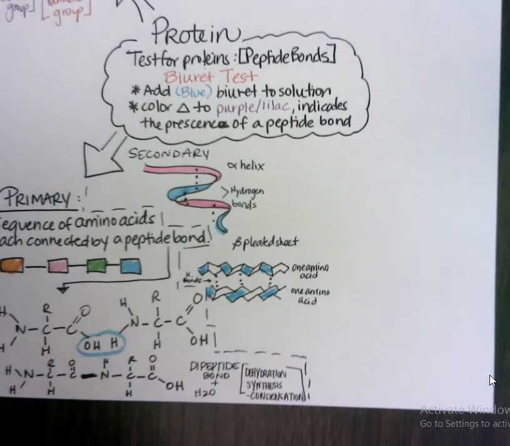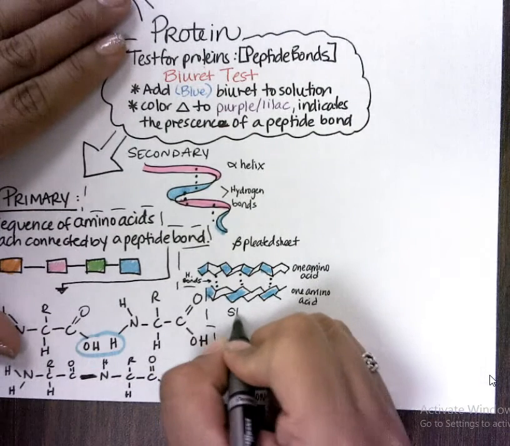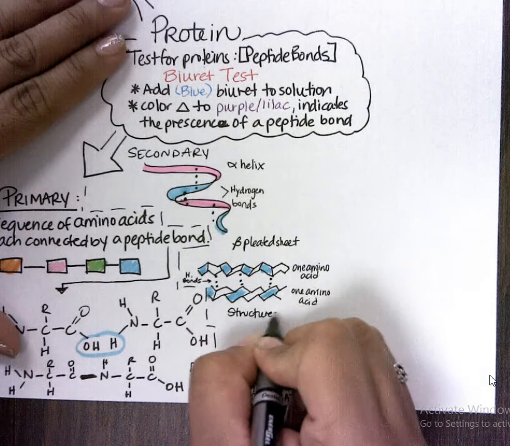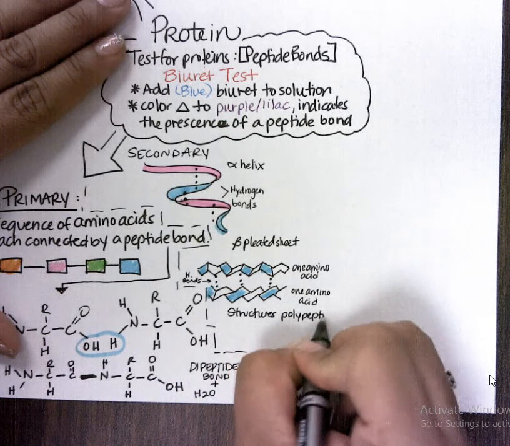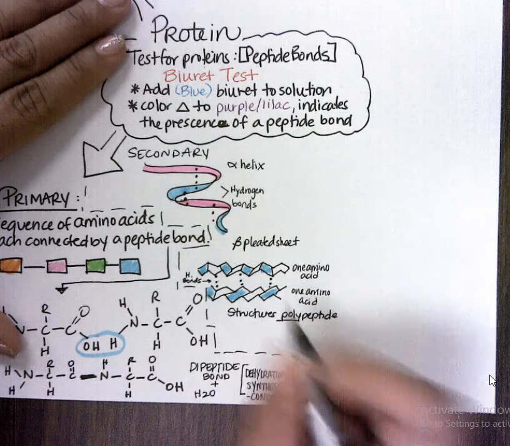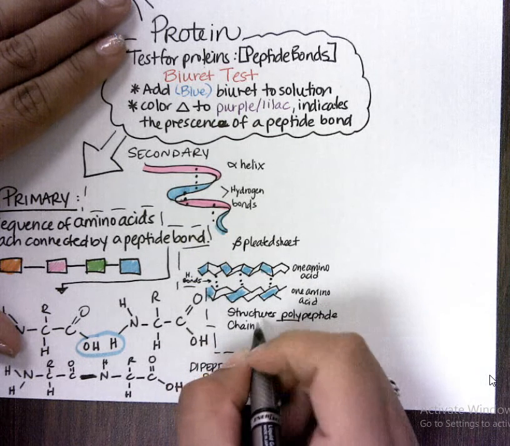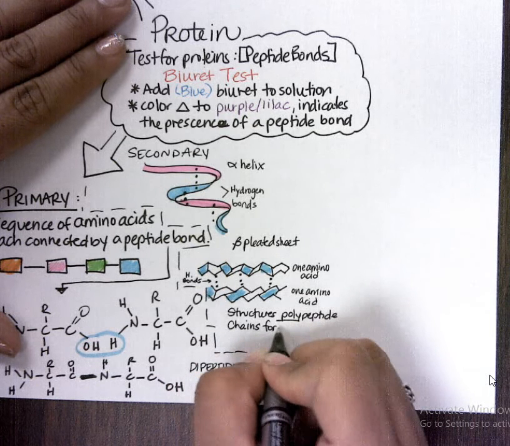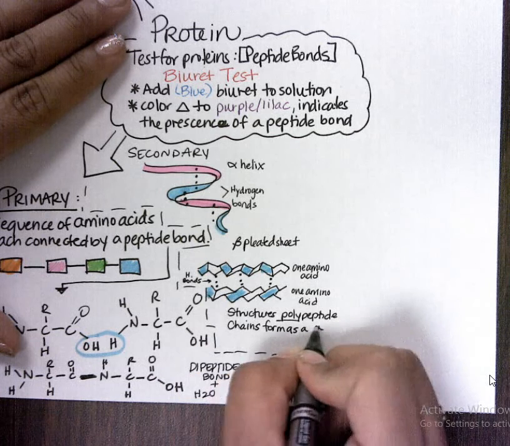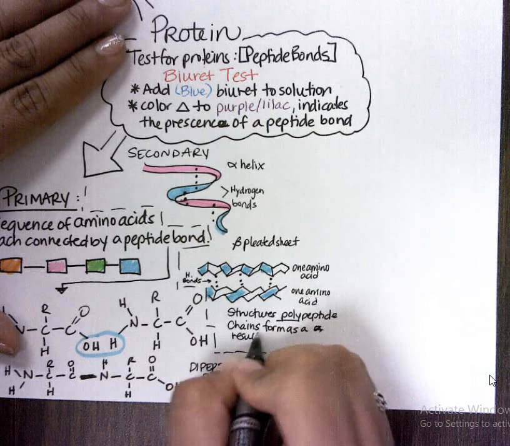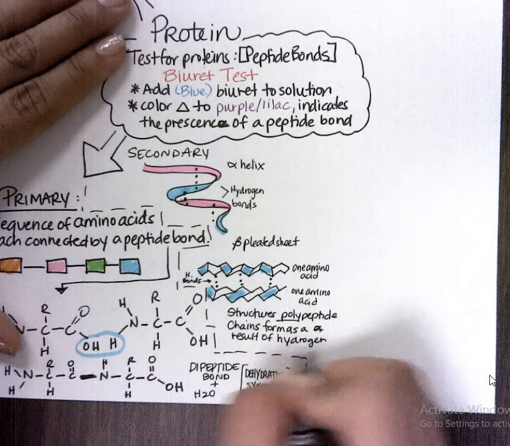What's going to happen here is the structure is going to be a polypeptide, meaning several, a polypeptide chain or chains. They form as a result of hydrogen bonds.